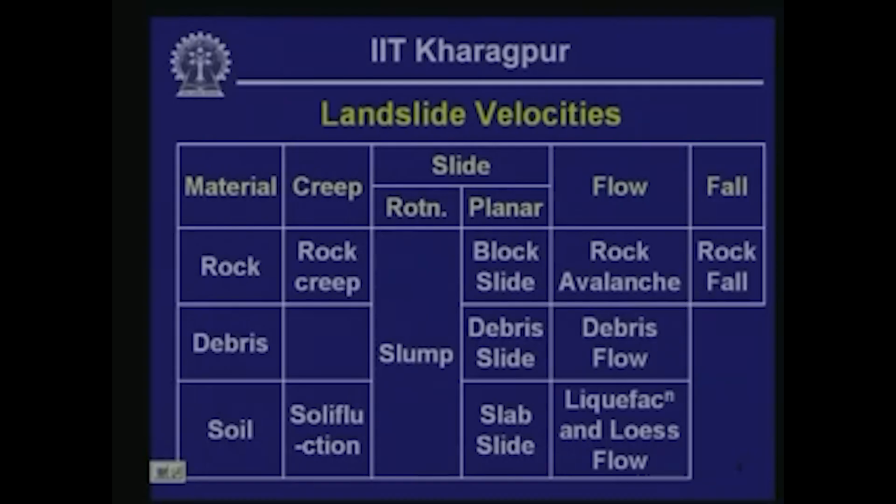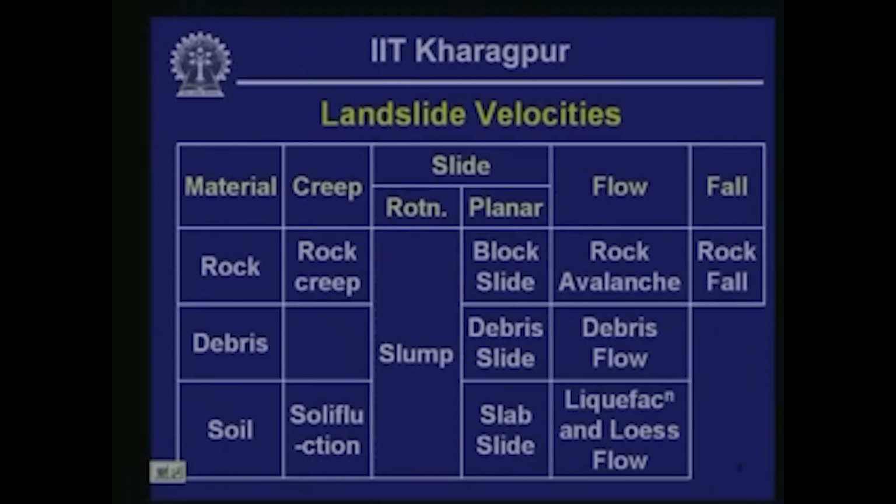Debris, on the other hand, is composed both of rock fragments which could be as large as boulders and fine grained material, soils. Now soil is on the other end of the spectrum in terms of grain size, comprised of relatively fine grained materials.